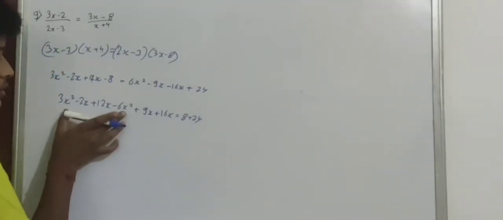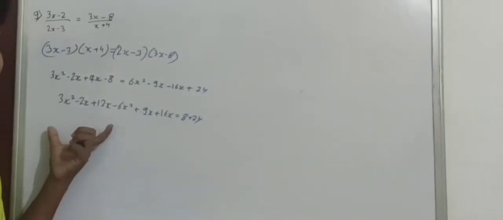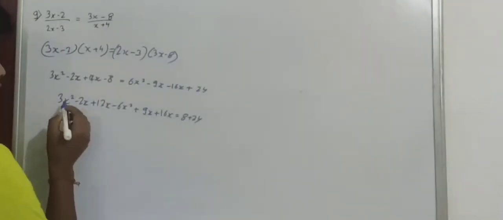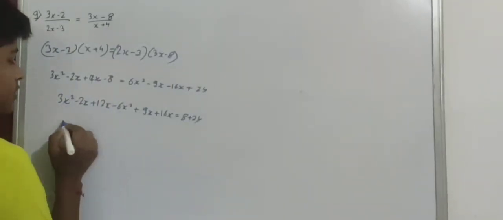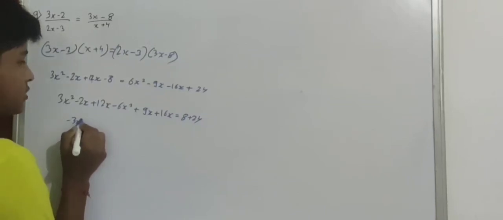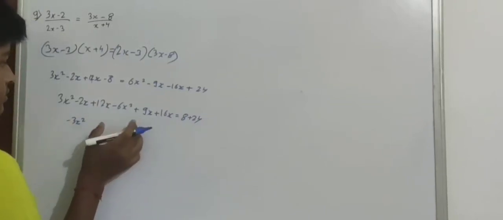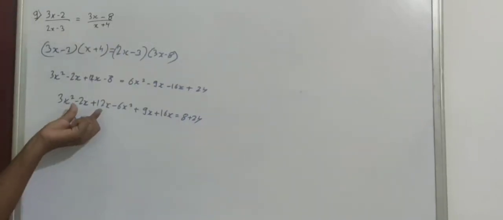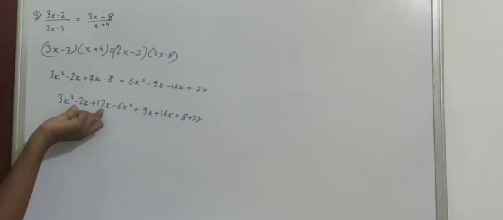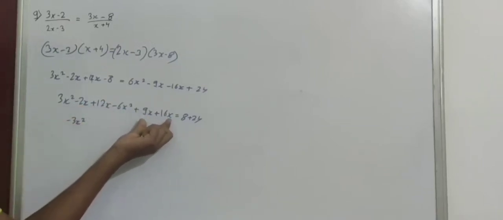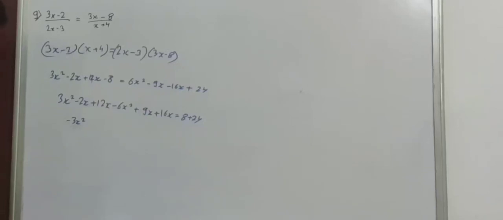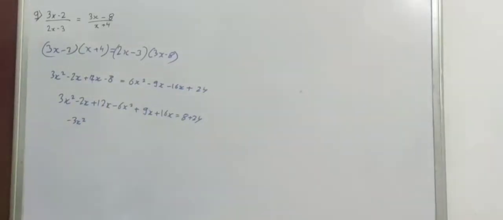Now solve the variables with the same power. This will come minus 3x square. Solve these two and these two. So this will be 10x and 25x, so 15x. So 35x.